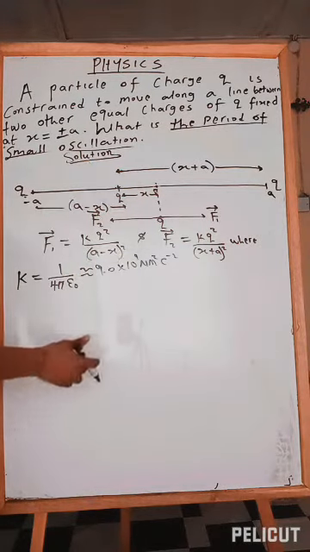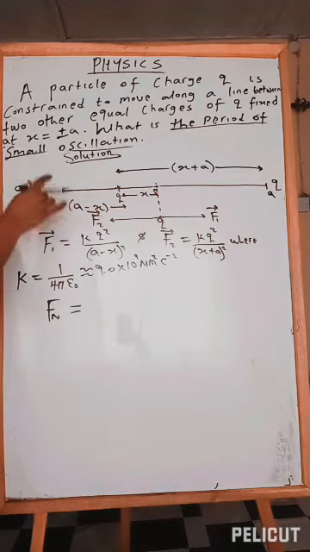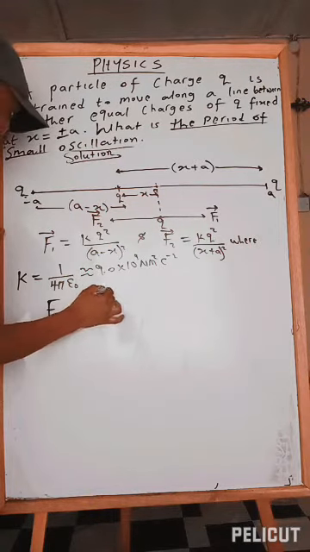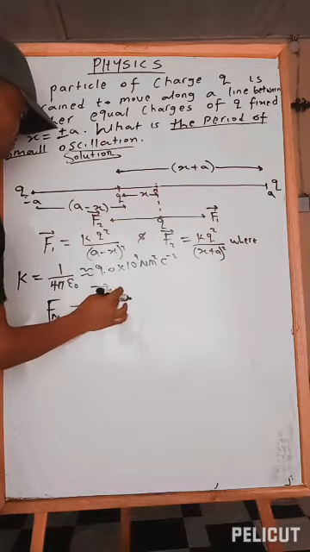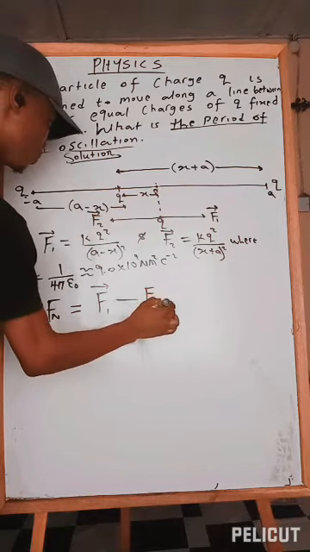Let's just solve. So the net force, let's call this Fn, on this charge is going to be the difference between these two forces, because one is going east and the other is going west.